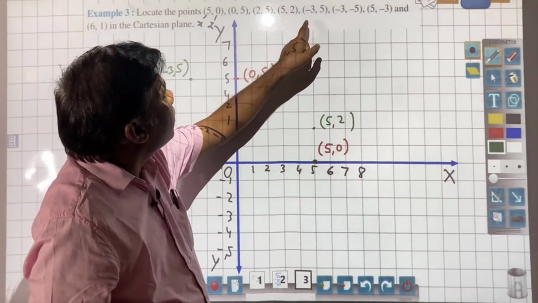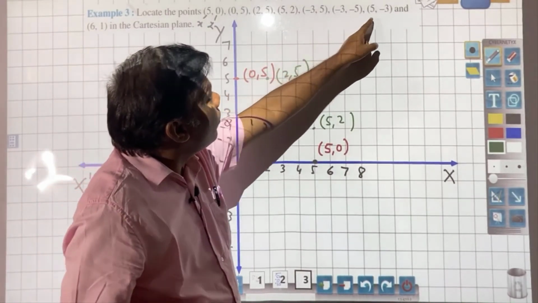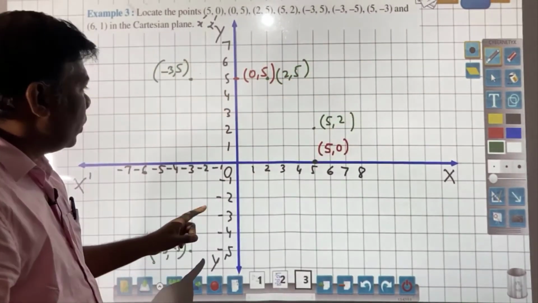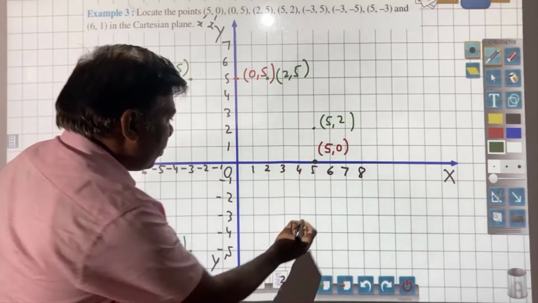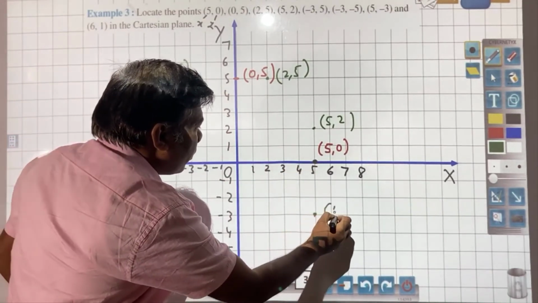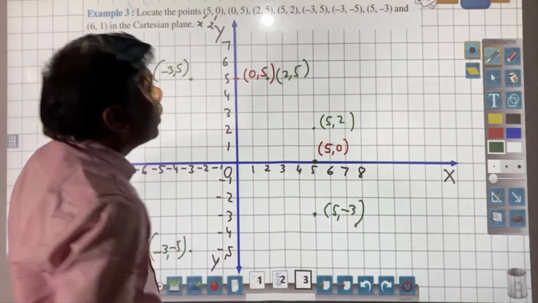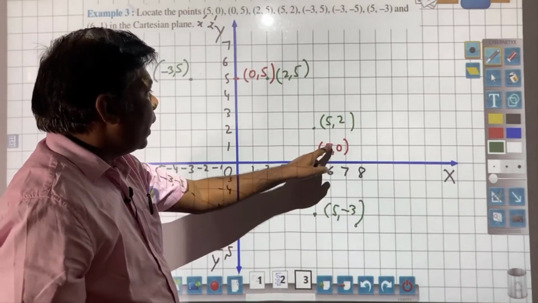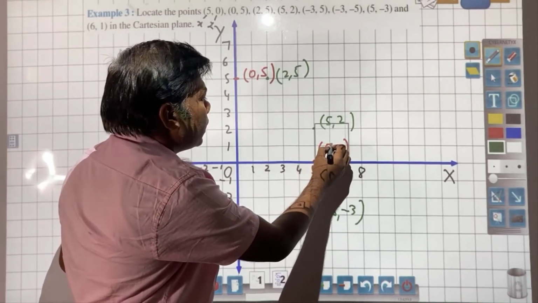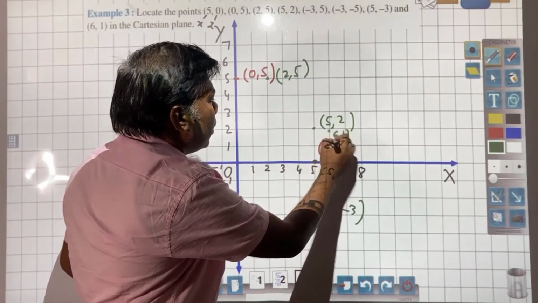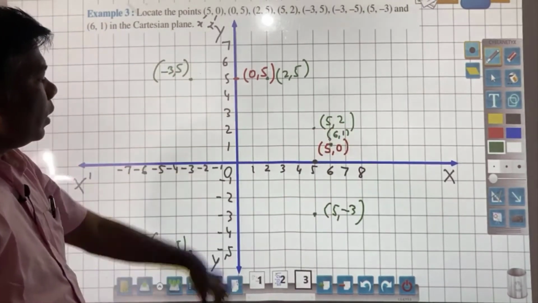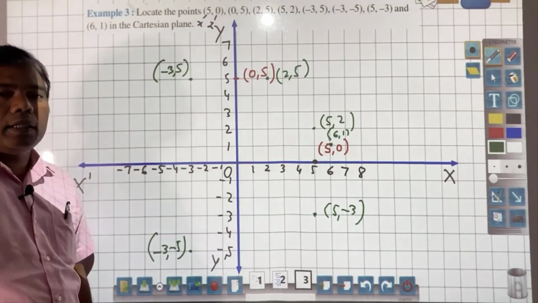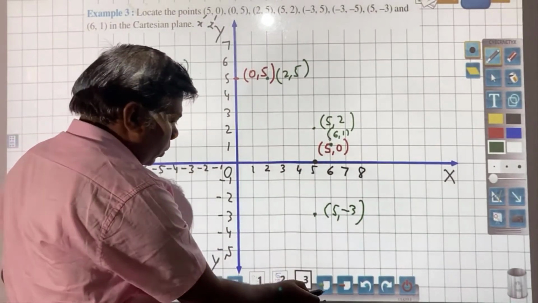Then you have (5, -3). Then you have (6, 1). This is (6, 1). So in this way, points can be shown in the Cartesian plane. So I hope you understood.